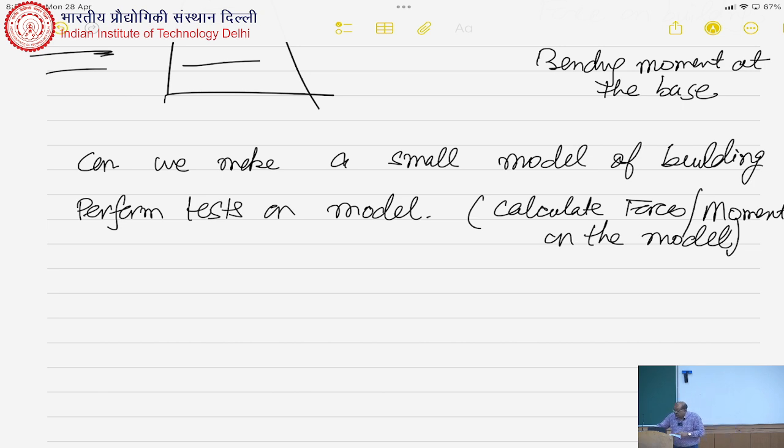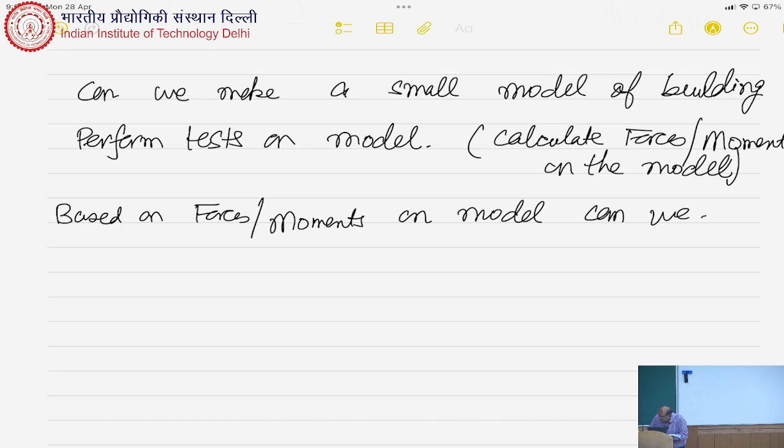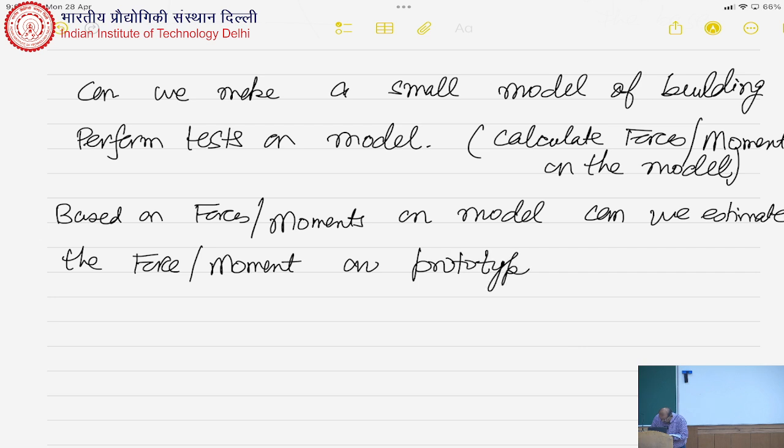Now, the question then you ask is, based on the forces and moments on the model, can we estimate the forces and moments on the prototype?